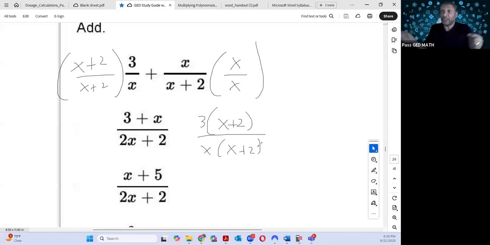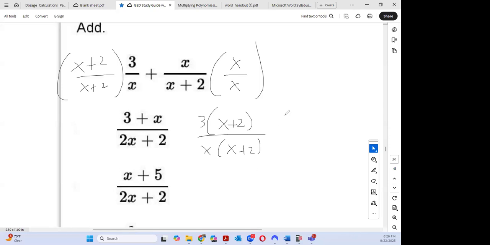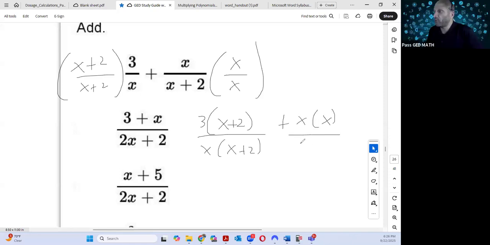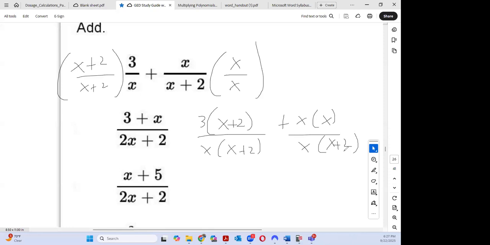So I just changed it to 3 times x plus 2 over x times x plus 2, plus x times x over x times x plus 2. Do they now have the same denominator? Yes.